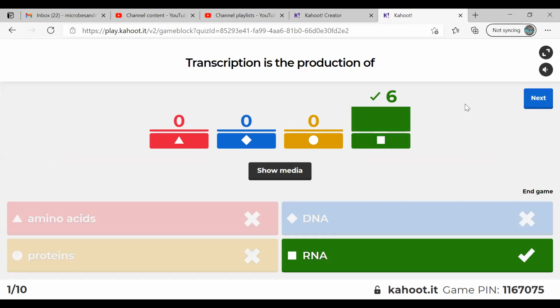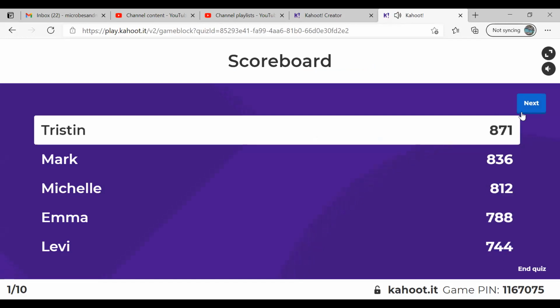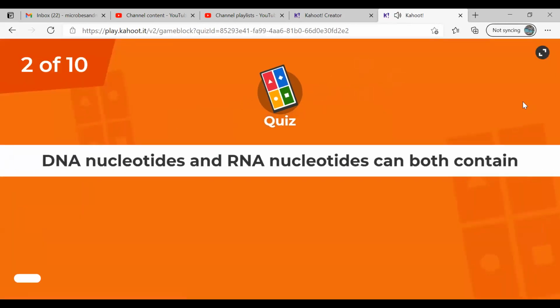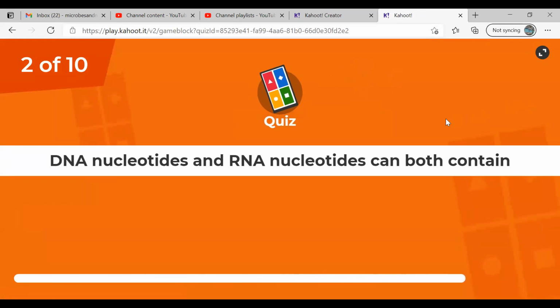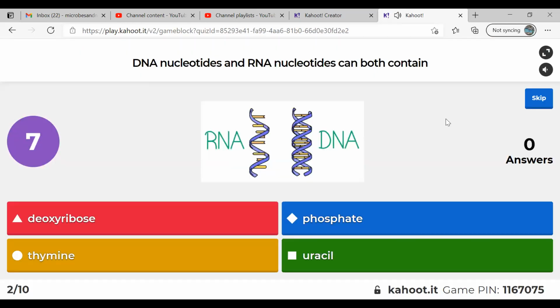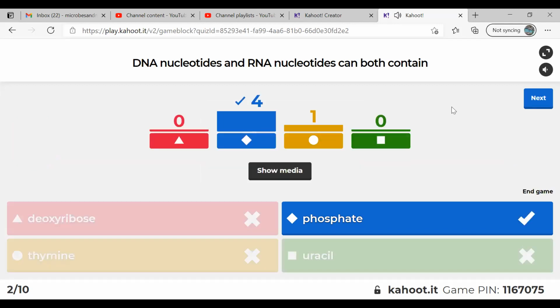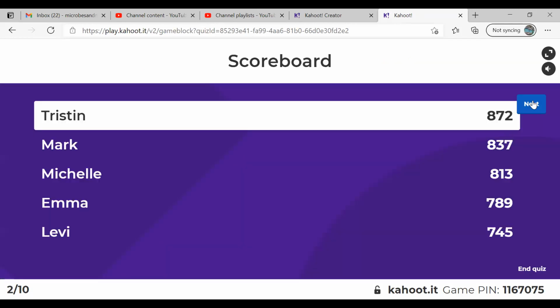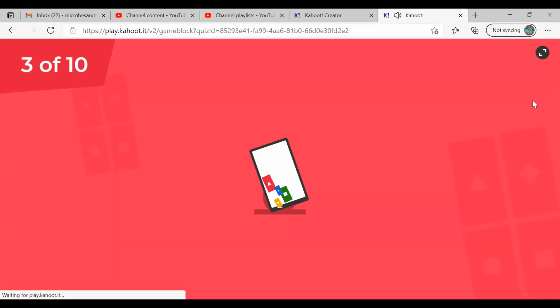Believe it or not, sometimes people make it to the final exam and they don't remember which one is transcription or translation. Number 2, DNA nucleotides and RNA nucleotides can both contain... So the correct answer is phosphate. So remember that thymine is only found in DNA.